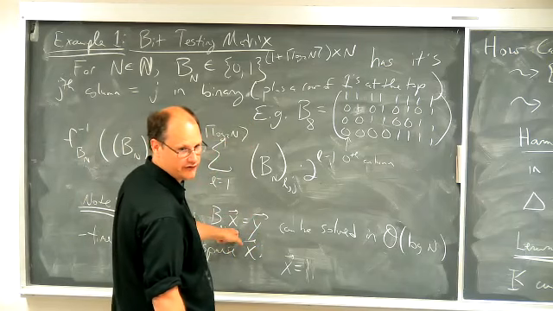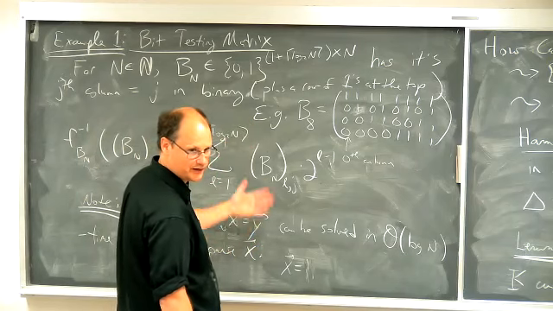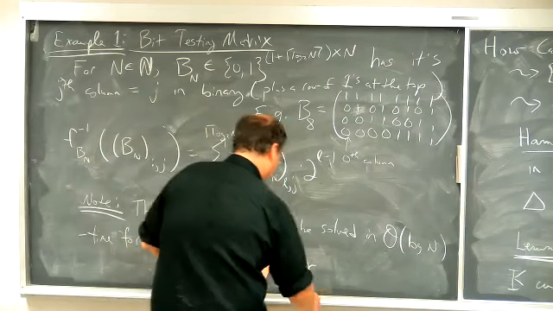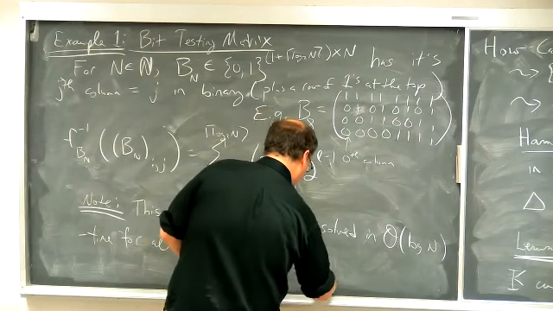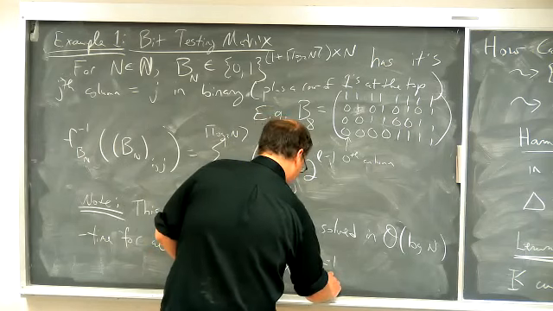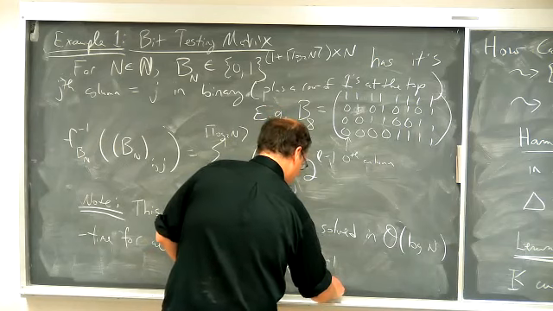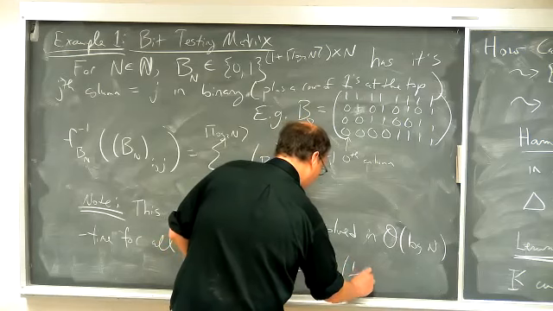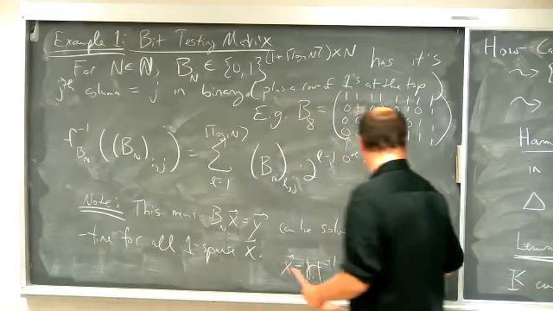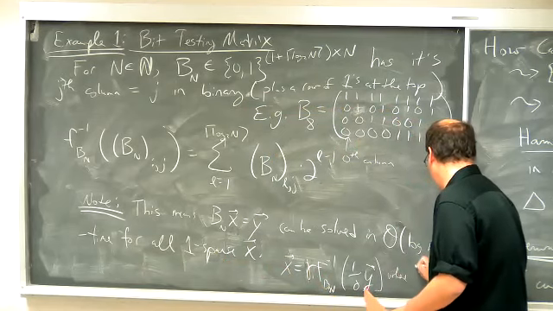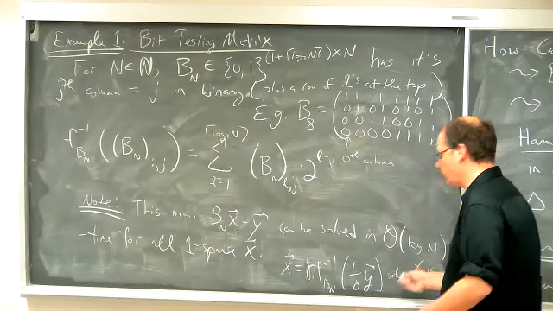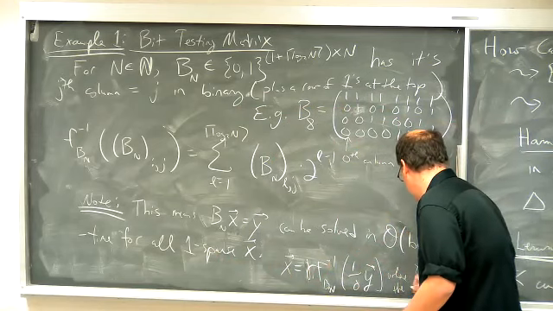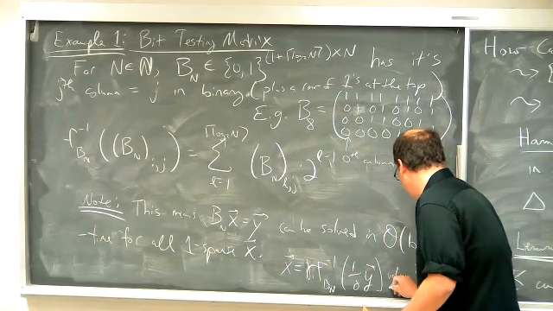All of the entries are going to have the same value if it's one sparse, so it'll be gamma. And so x is going to be given to you by gamma times f inverse of Bn times 1 over gamma y, where we know what gamma is. So gamma is the first non-zero entry you find in y, or any non-zero entry.